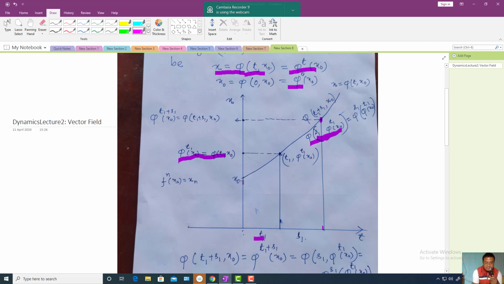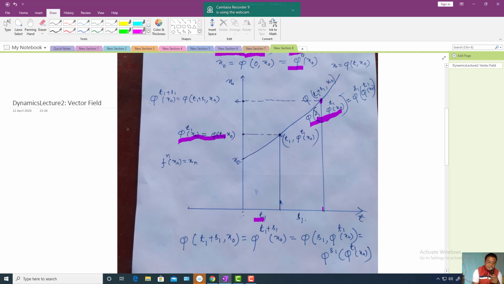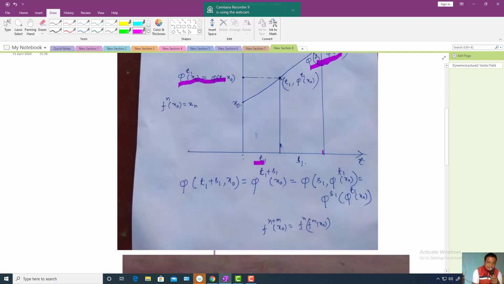That means what? You think about this as an initial point, with one solution curve. After t1 plus s1 units of time, it will be here. Then you think of this as an initial point, and after t1 units, it will be here. Lastly, you think about this as an initial point, and after s1 units of time, you will be here. It's the same point. So these two are equal. What does it say?